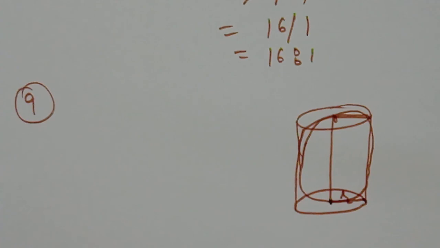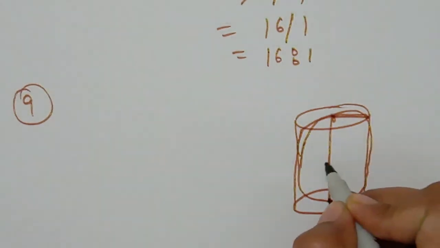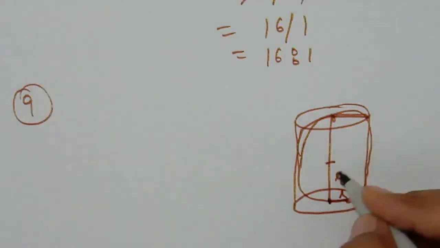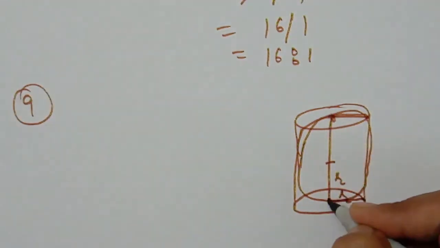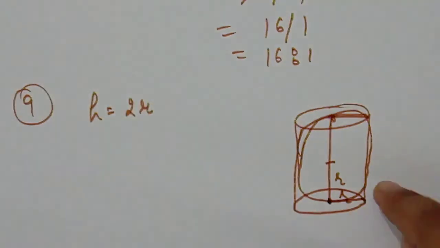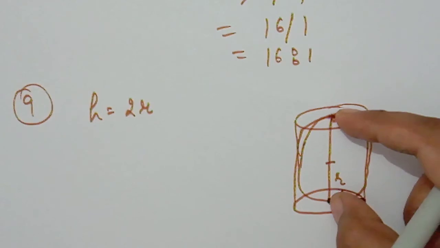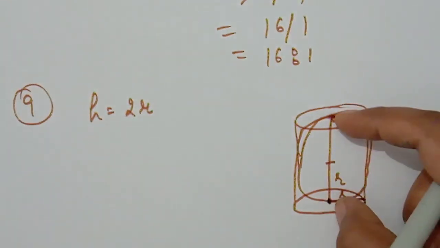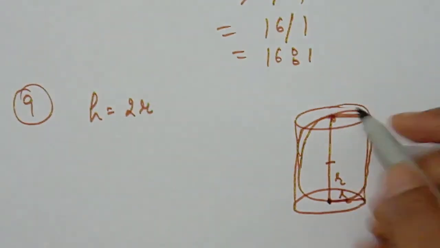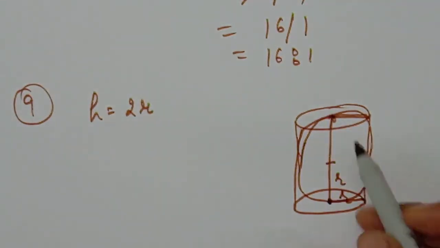Students, you can easily see this is the radius of the sphere, so this is the height of the cylinder. The height of the cylinder is double, because the height of the cylinder is the diameter of the sphere, because these two center axes are present, and this line is the height of the cylinder as well as the diameter of the sphere.